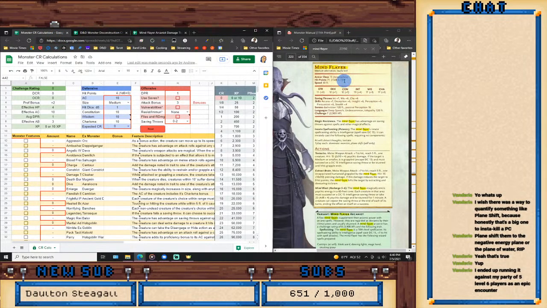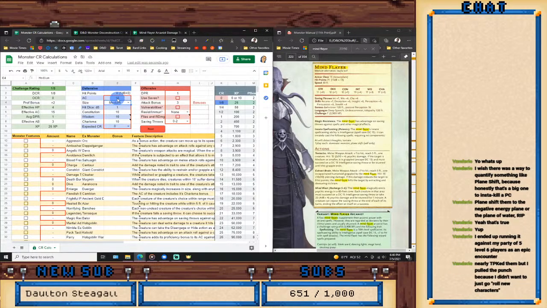So we're looking at a base AC of 15 for its breastplate, which is surprising that it doesn't have natural armor, but then again, who knows. I ended up running it against my party of 5 level 6 players as an epic encounter. Nearly TPK'd them, but I pulled the punch because I didn't want to just go roll new characters. Well, the question is, Vanderi, was it part of the storyline? Or was it something of a random encounter?